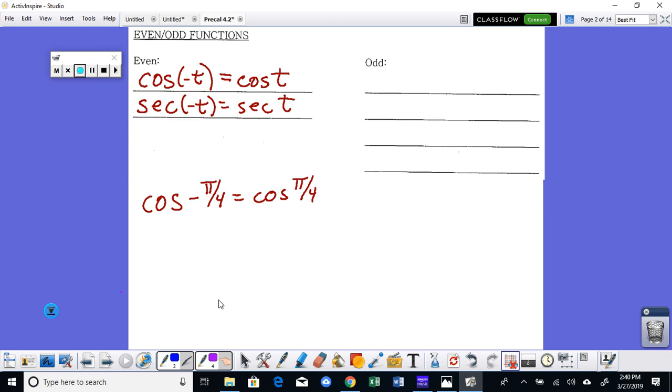Okay? Odd functions. The sine of negative t equals... Think back to odd functions before. What was odd? Even was f of x equals f of negative x. Odd was f of negative x equals negative f of x. So for an odd function, sine of negative t equals negative sine of t.